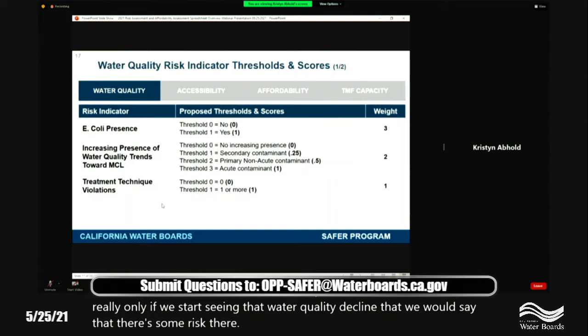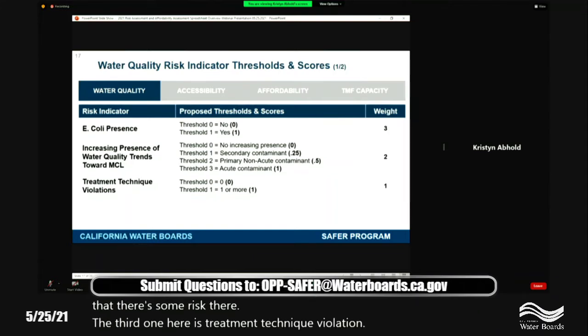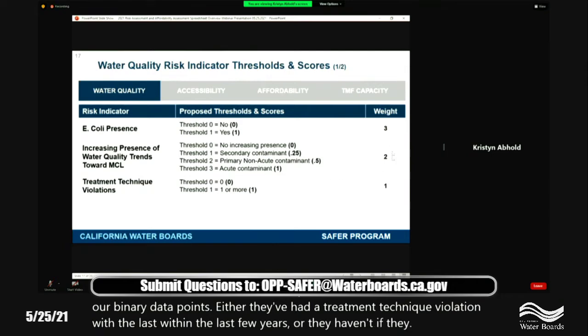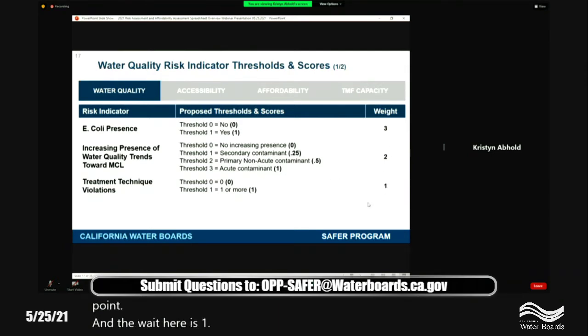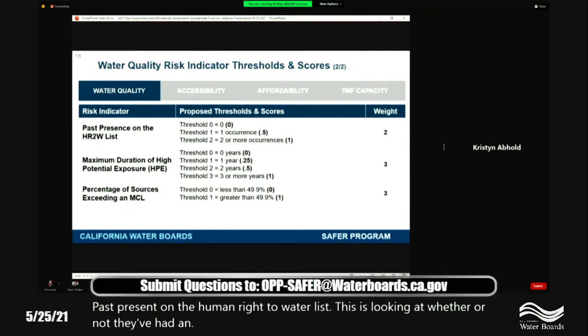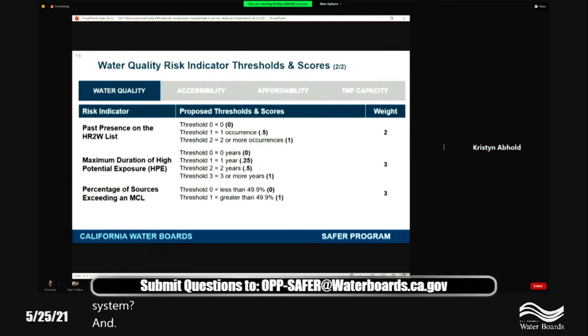The third one here is treatment technique violations. This is another one of our binary data points. Either they've had a treatment technique violation within the last few years, or they haven't. If they have, it's 1 point, and the weight here is 1. Okay. Past presence on the human right to water list. This is looking at whether or not they've had an MCL violation before. Have they been a failing water system? And we've been keeping track of our systems that have been on our human right to water list.